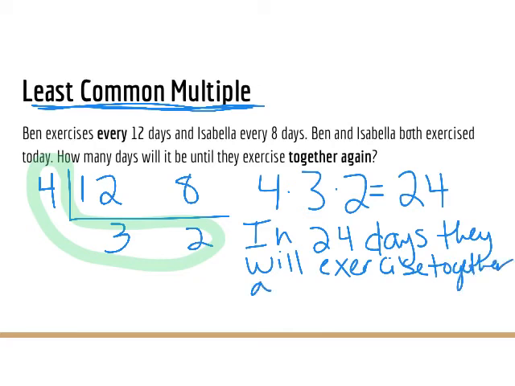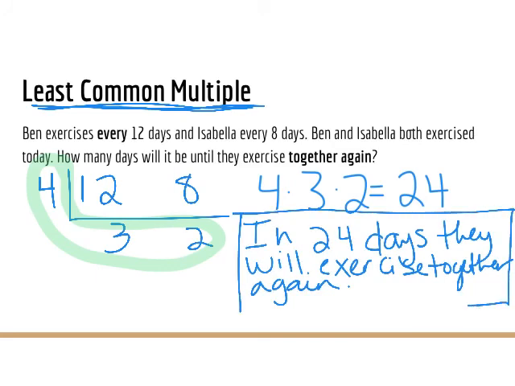And then I didn't ask for it in this problem, but sometimes you'll get that follow-up question of how many times will each of them have exercised since then, or something like that. So you can take a moment and think about whether you can figure that part out. When you're ready, we're going to go ahead and move on to your practice problem.